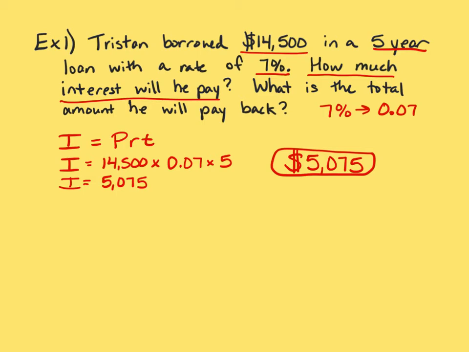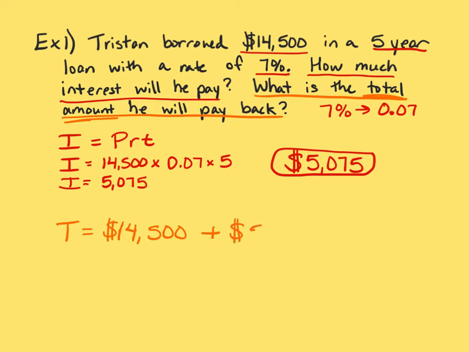Now we're going to find out the second question. The second question says, what is the total amount that he will pay back? So we want to know the total. Now the total would be the amount he borrowed, so what he borrowed, which was $14,500, plus the interest, the extra money he was charged, which was $5,075.